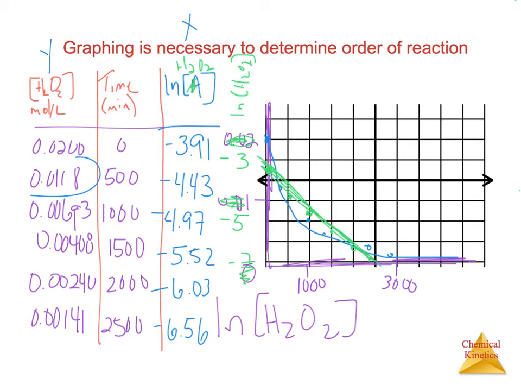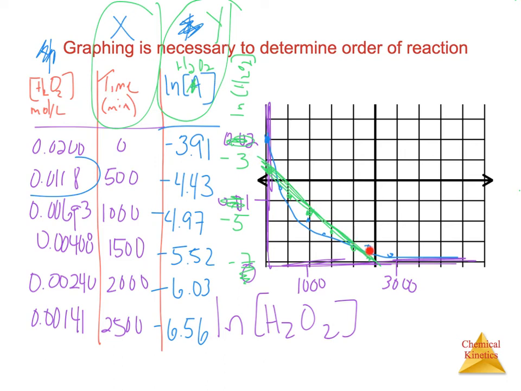Okay, and you can see in green that the graph, to be clear, this graph right here, this straight line, is the graph of the natural log of H2O2 on the y-axis versus time.